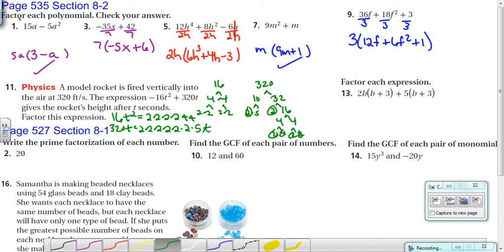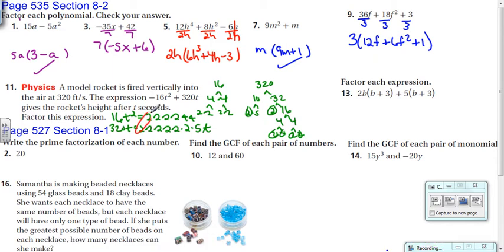So what they have in common is a pair of 2's, another pair of 2's, another pair of 2's, and another pair of 2's, and a t.